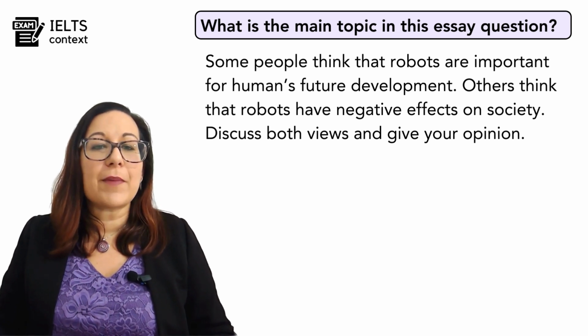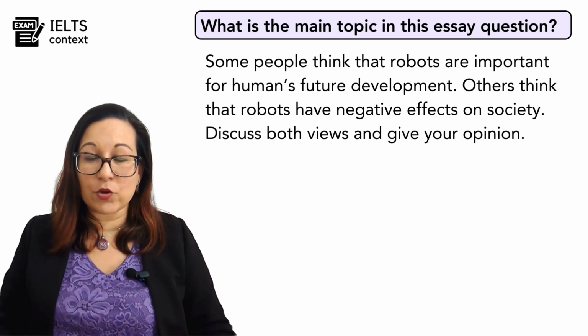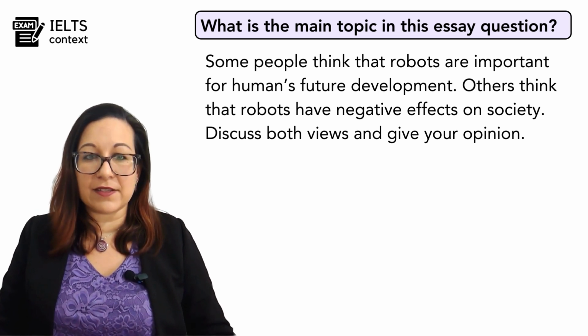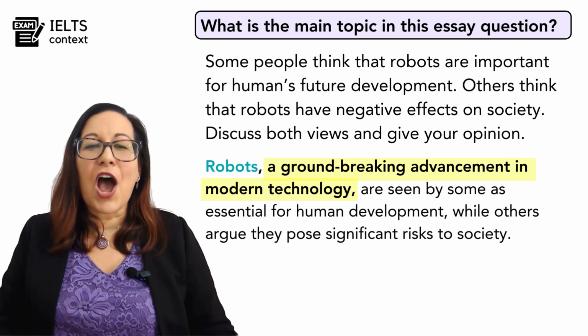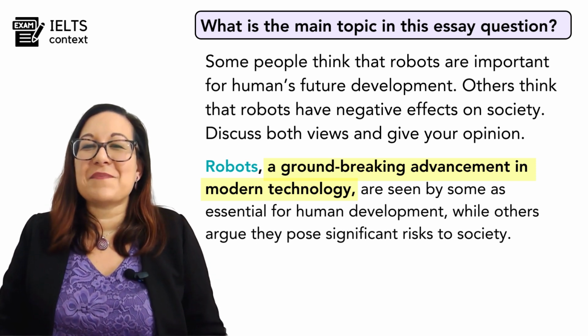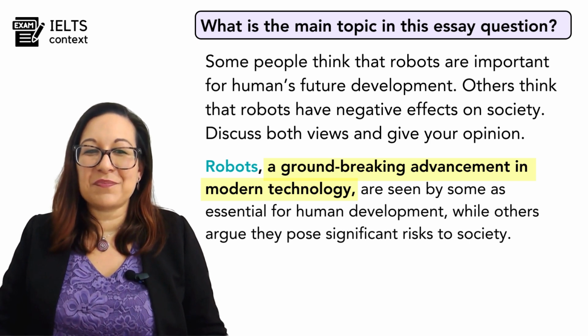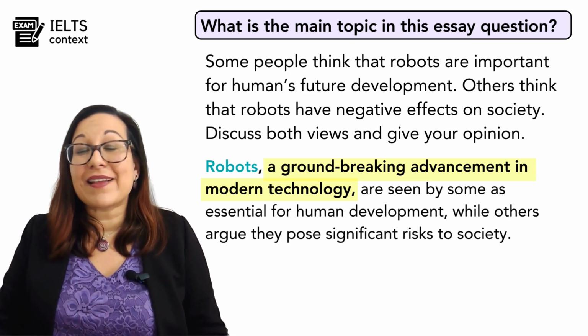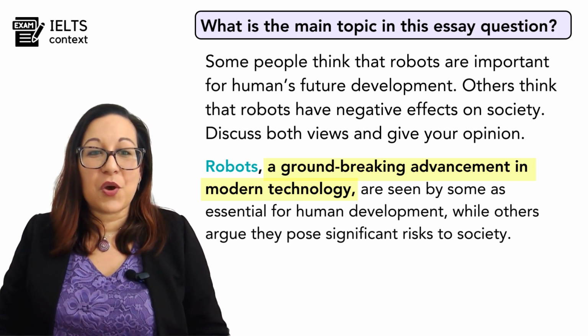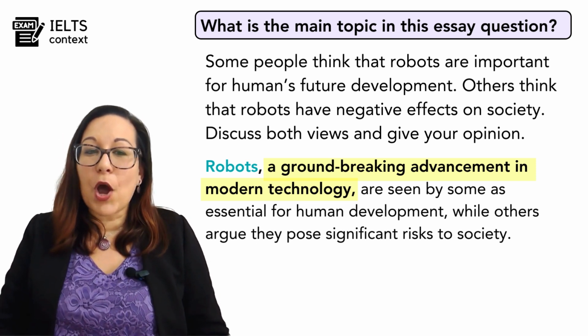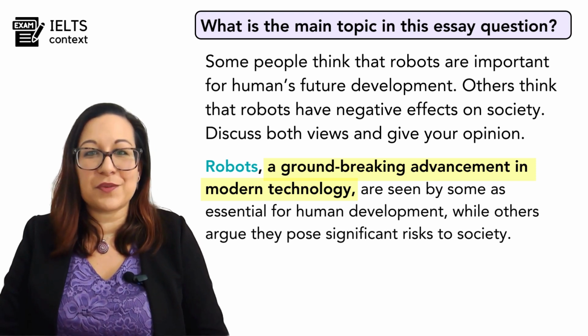Let's start off by paraphrasing that essay question in our first sentence. Robots, a groundbreaking advancement in modern technology, are seen by some as essential for human development, while others argue they pose significant risks to society.